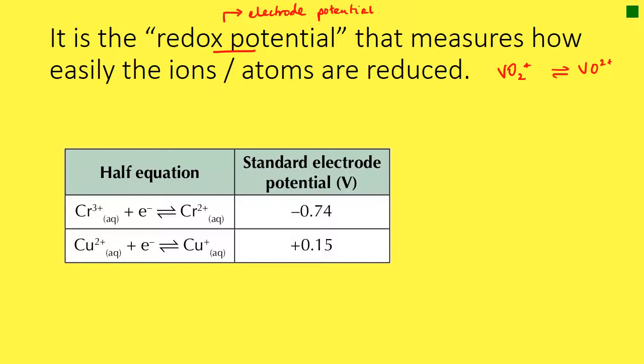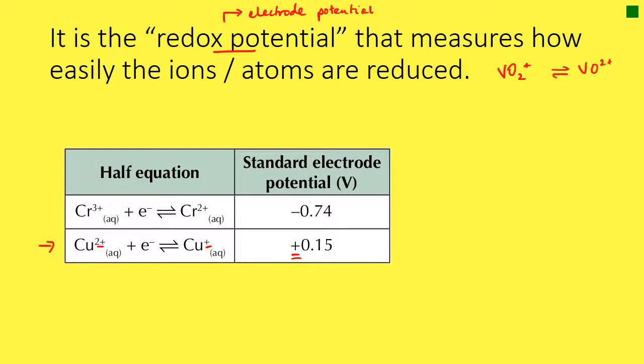So more examples here. Looking at the bottom one first, we've got a copper 2+ ion going to a copper 1+ ion, so that's a reduction reaction. All these tables are written with the reduction reaction as the forward reaction. And that has a positive electrode potential, which means it's quite likely to happen.